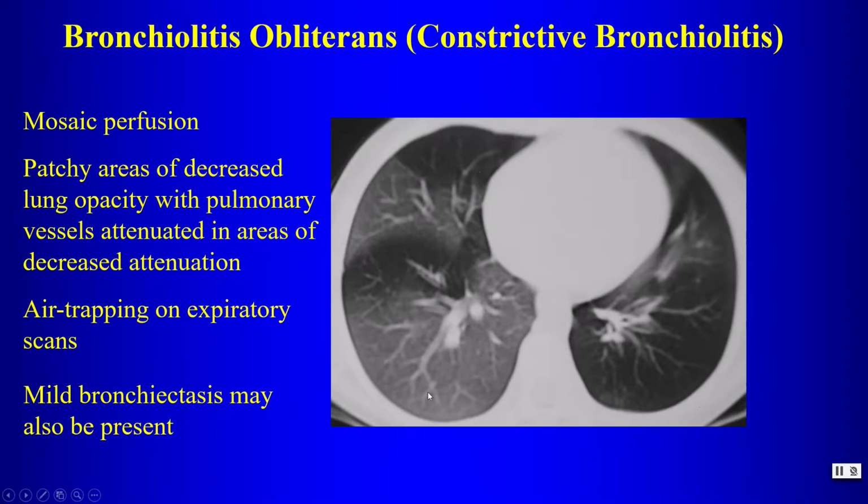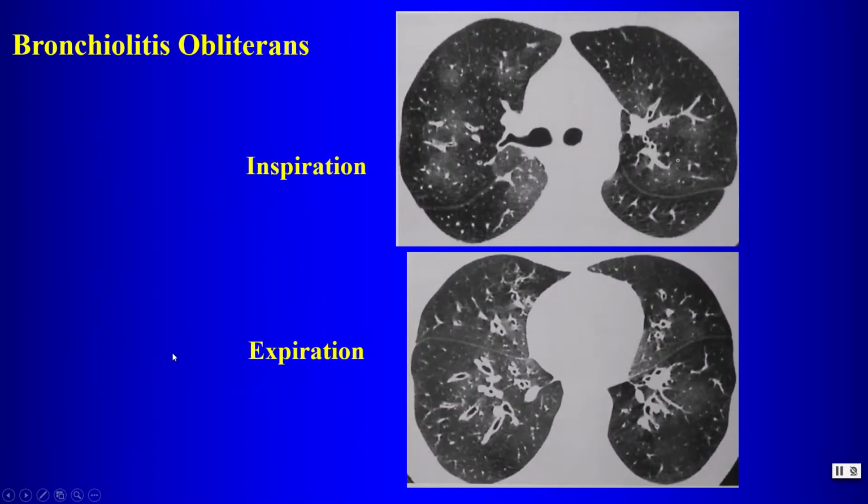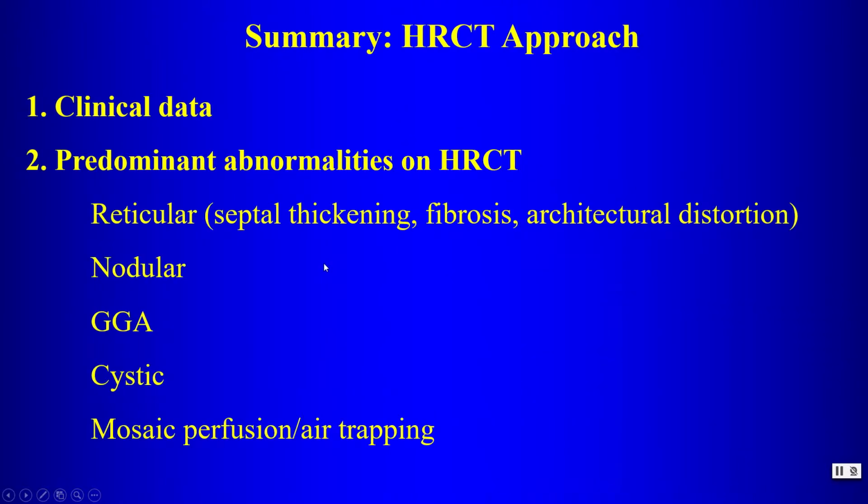The pulmonary vessels will be attenuated in those areas of decreased lung opacity, and the air trapping will be accentuated on expiratory CT. You might have some peribronchial thickening and mild bronchiectasis when we are dealing with a case of bronchiolitis obliterans.